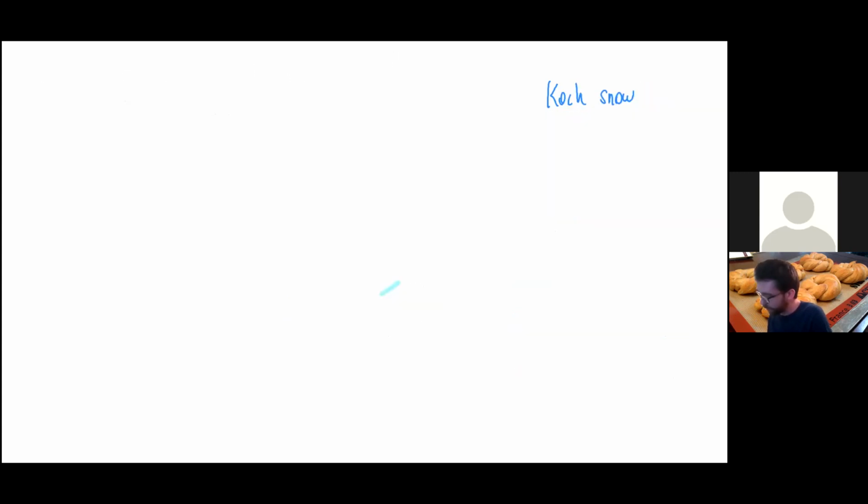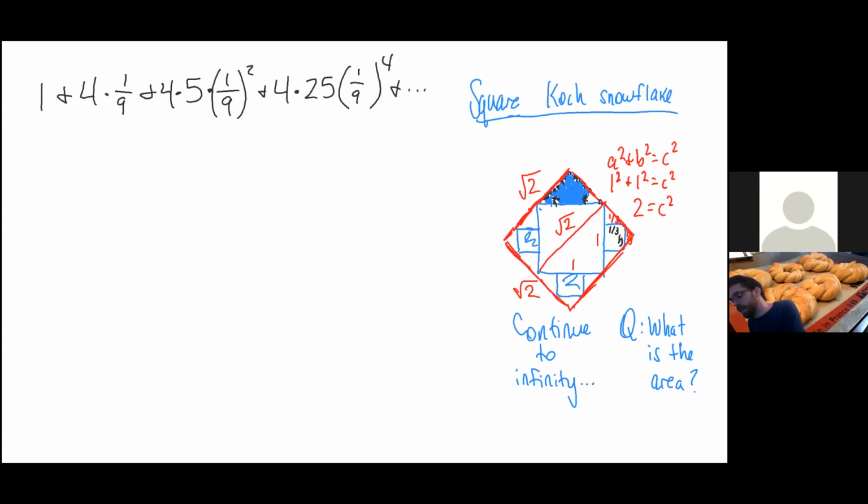The argument being, well, the side length of my square in this stage was 1/9. And so, okay, this side length was 1/9, meaning this side length is 1/3 of that. And, okay, maybe I made a small mistake.